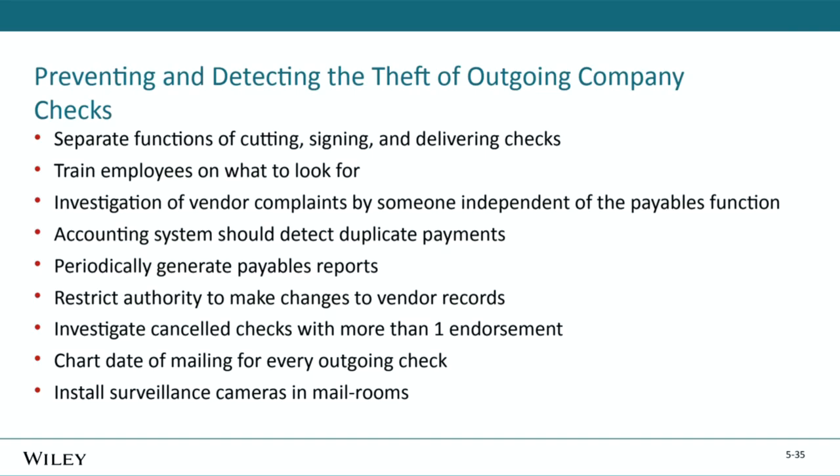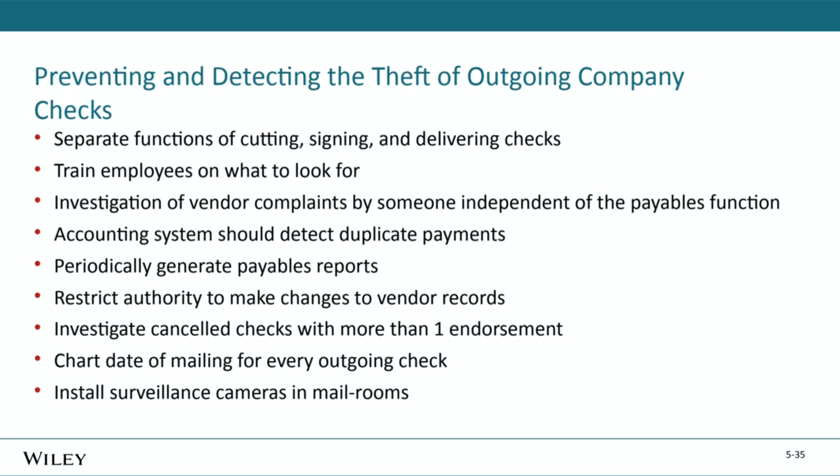The accounting system should be set up to detect duplicate payments, periodically generate payables reports, and restrict authority to make changes to vendor records. Again, this has happened more than you would imagine, where folks in the mailroom have the power to change the address of vendors.